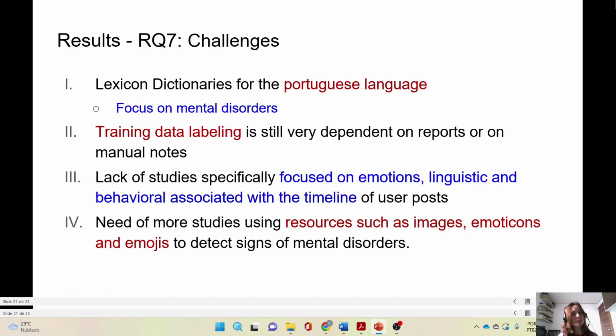We have observed the lack of studies specifically focusing on emotions, linguistics, and behavior associated with the lifetime of users' posts, and also the need of studies regarding resources such as images, emoticons, and emojis to detect signs of mental disorders.